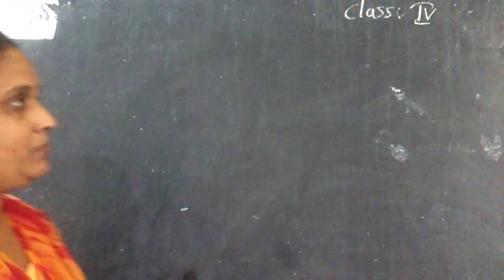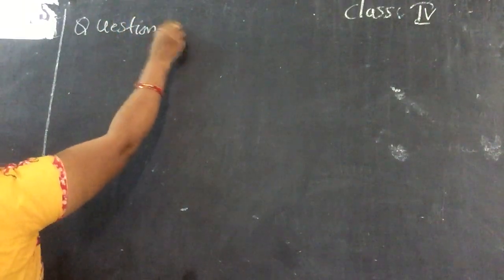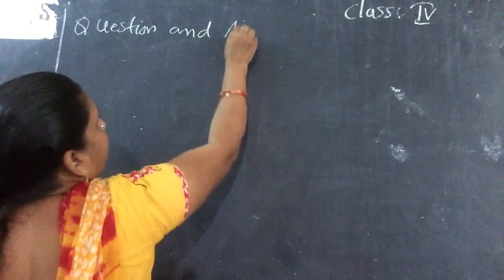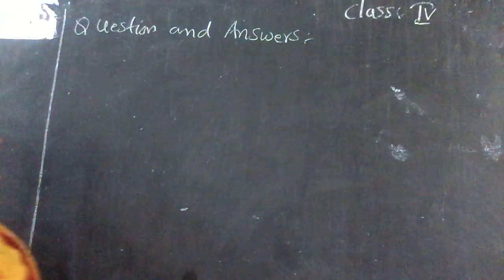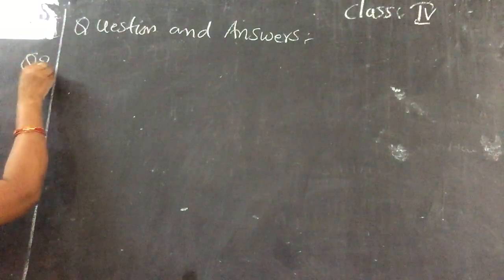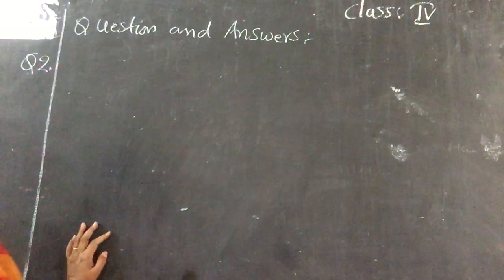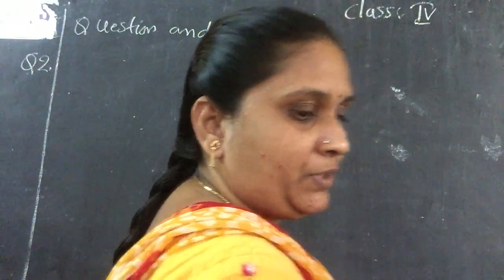Write down section 2, question and answers. In that, the first one is how to draw the parts of a plant, and question number 2, first you have to draw the root systems. Two different types of roots are there, no? That you have to draw, and later you can continue the answer.